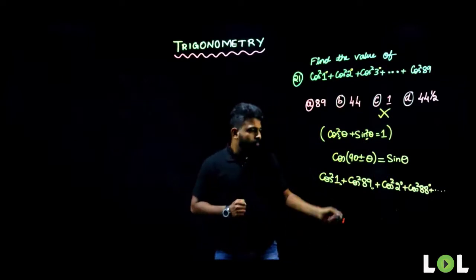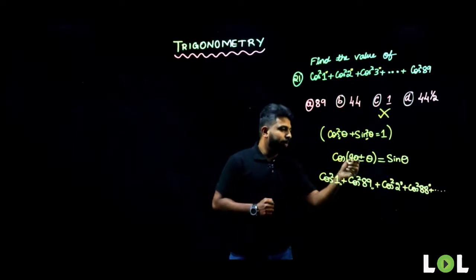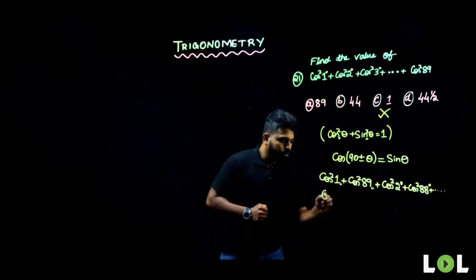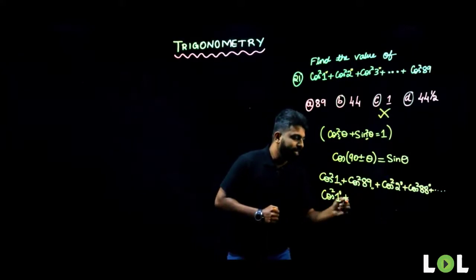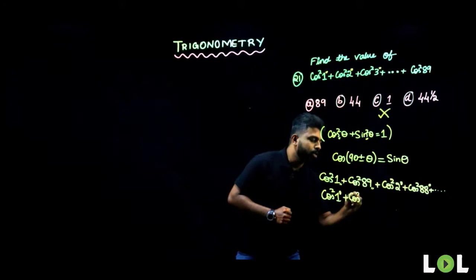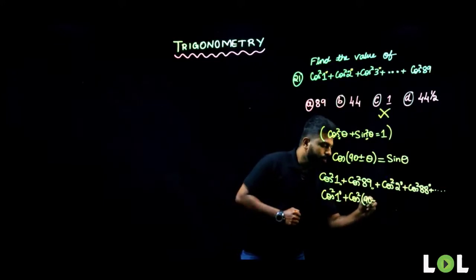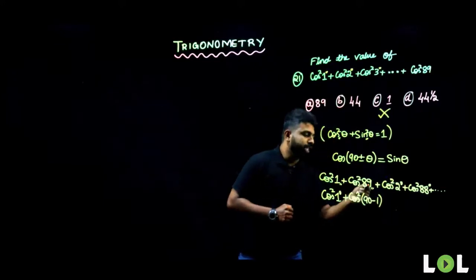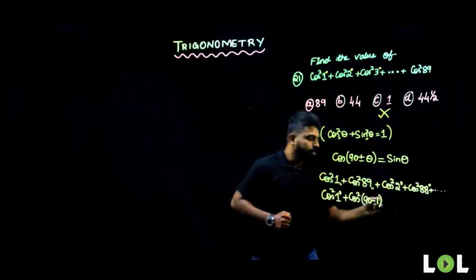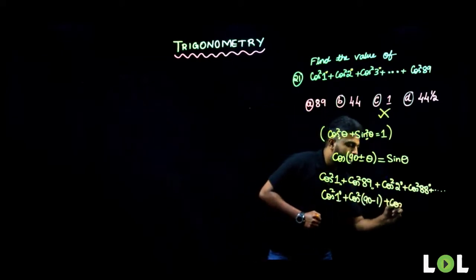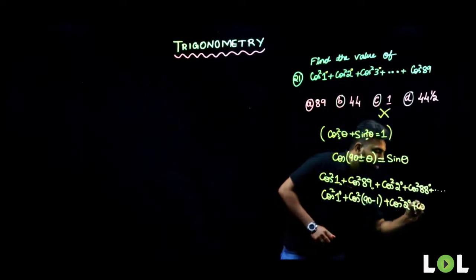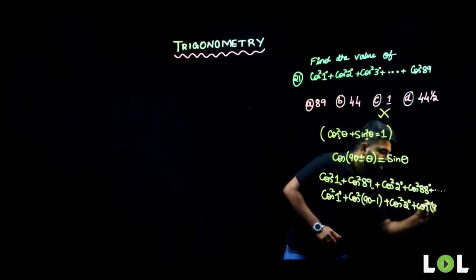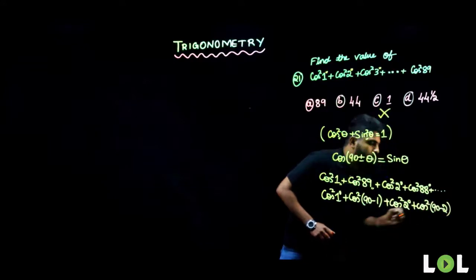Now, we know that cos square of 90 minus theta is sine square theta. So I'll write cos square 1 degree as it is, but instead of writing cos square 89, I'll write it as cos square 90 minus 1, because 89 is nothing but 90 minus 1. Similarly, here I'll have cos square 2 degrees as it is and I'll write cos square 88 as 90 minus 2 degrees.